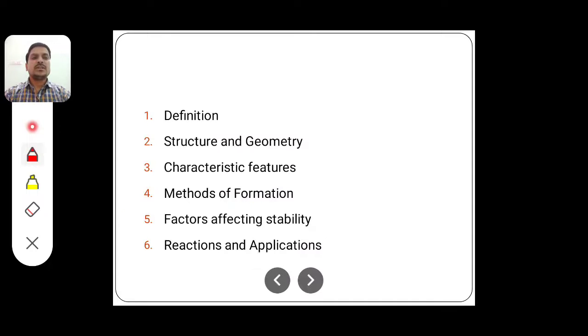In this chapter we will see definition, then its structure and reactivity, characteristic features, methods of its preparation, then factors affecting its stability, and then in the final reactions and applications. So one by one we will discuss these things about carbanion.